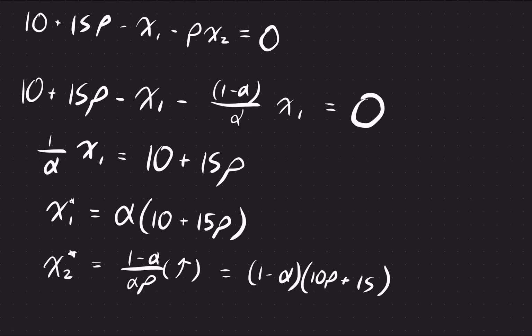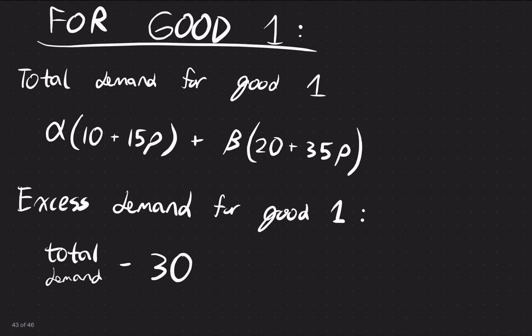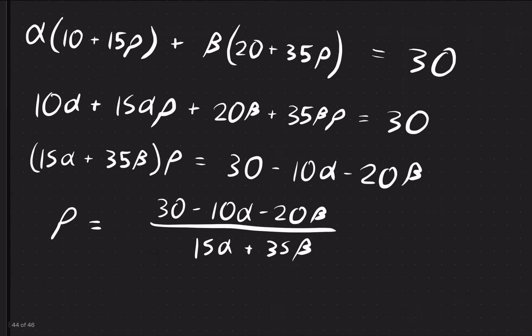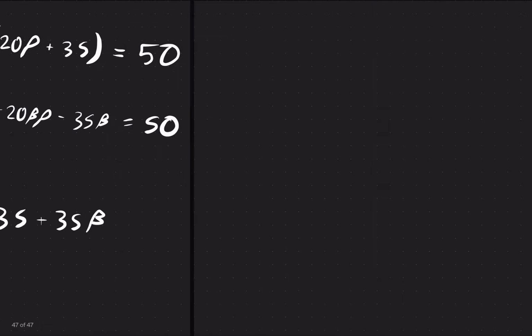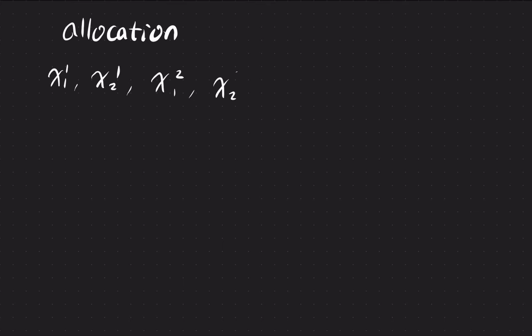So, to end on that excellent note, the Walrasian equilibria is going to be defined by the amount that they demanded. So we're going to have the allocation, that's going to be x1,1, x2,1, x1,2, x2,2.